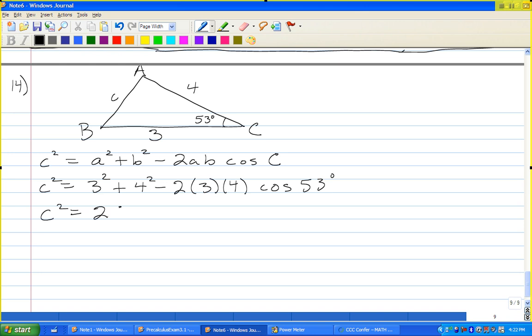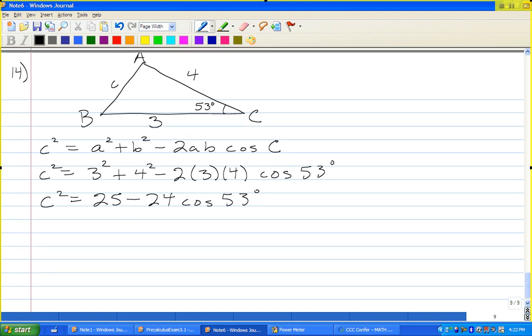9 plus 16, 25, minus 24 cosine of 53 degrees.